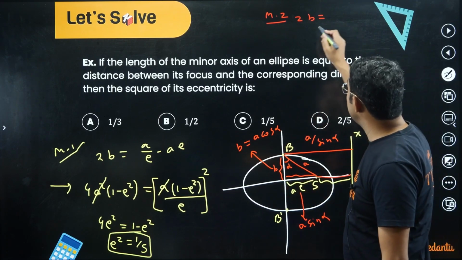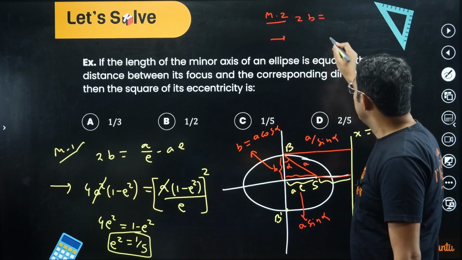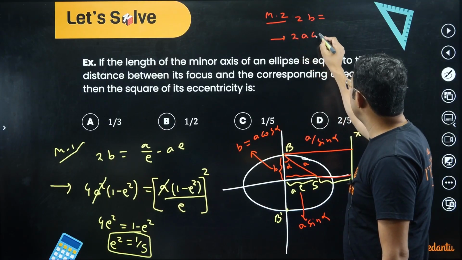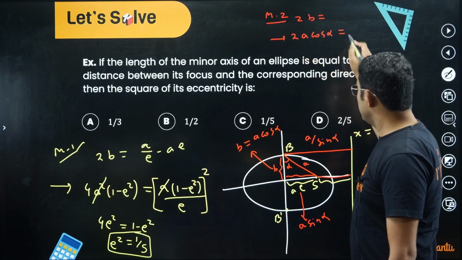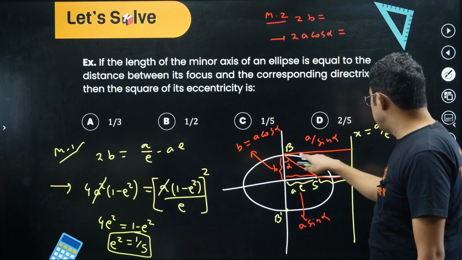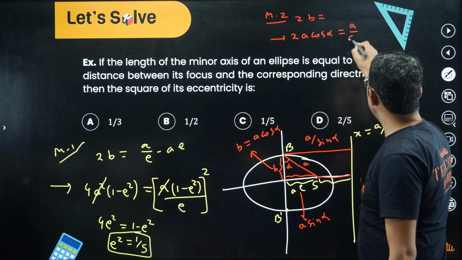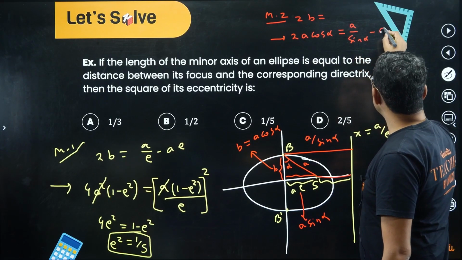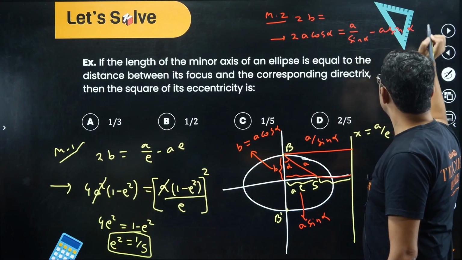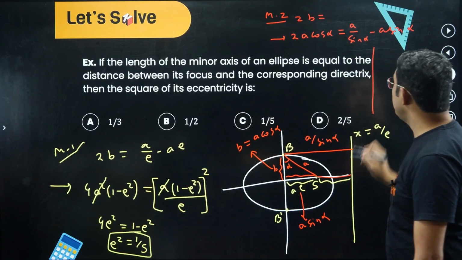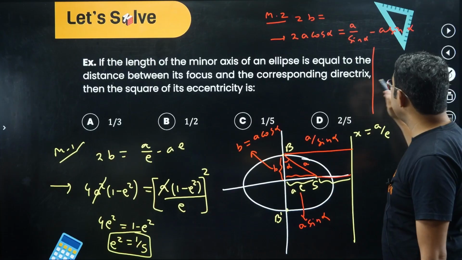So instead of writing 2b, let me write this as 2a cos alpha. And on the other side, the distance would be a upon sine alpha, that is a upon e, minus a sine alpha. Now just solve it.